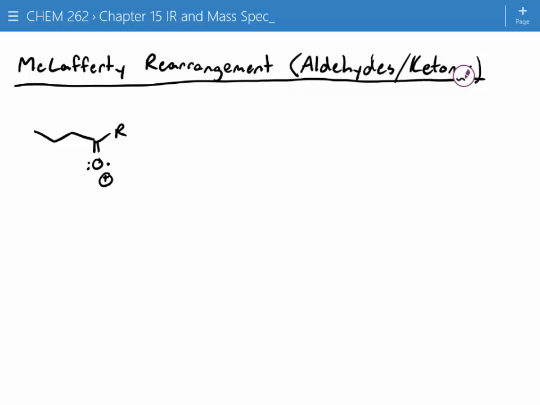If we do this, we again have those alpha, beta, and gamma positions. So we've got alpha over here, we've got beta over here, we've got gamma over here. What I'm going to do is I'm going to actually draw this a little bit differently. In this case with ketones, it's actually one carbon over. So let's draw it a little bit differently.